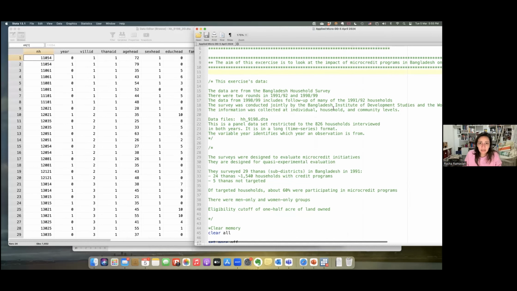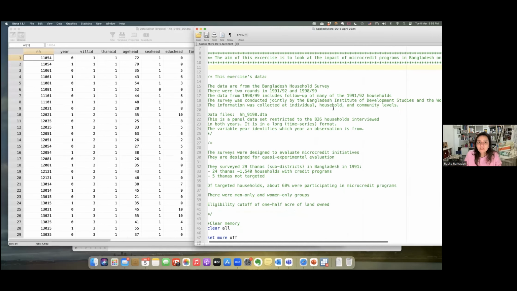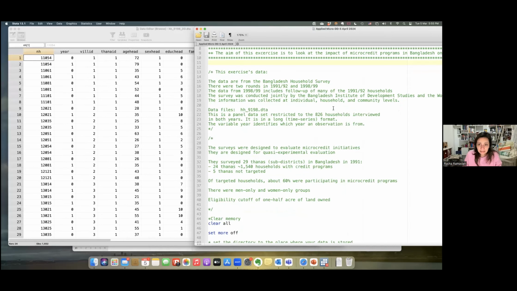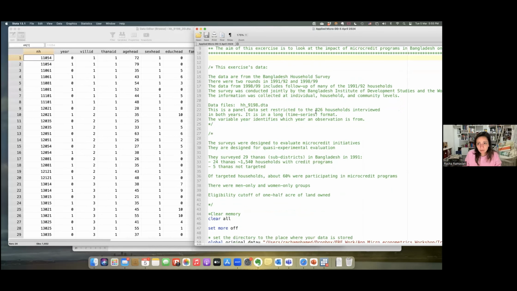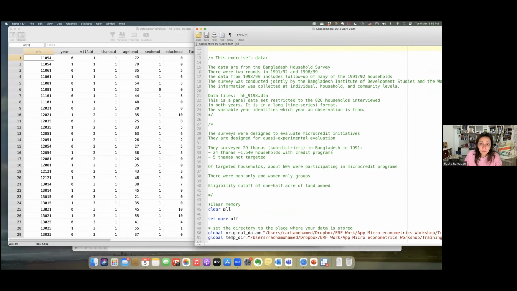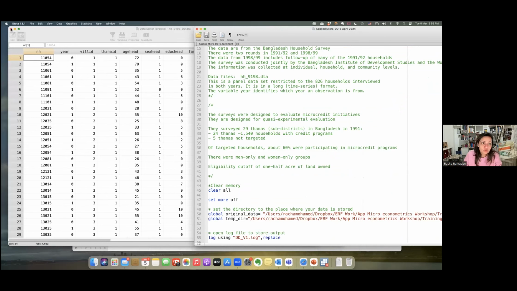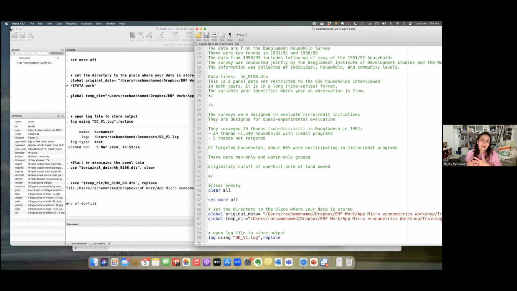So the same individuals have been followed over the years, and this data set has information about 826 households that had been interviewed, at the household level. Your variable of interest, what we'll consider as the treatment or the program whose impact we want to study, is the microcredit program.